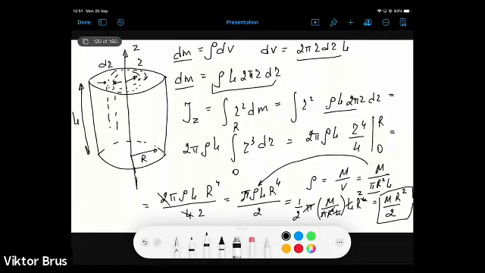Obviously we need to first define the axis of rotation, and with respect to that axis, taking into account the shape and density distribution of these bodies, we can calculate the moment of inertia, which is a necessary step to calculate the kinetic energy of rotational motion.